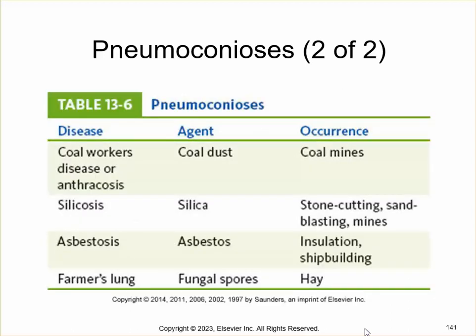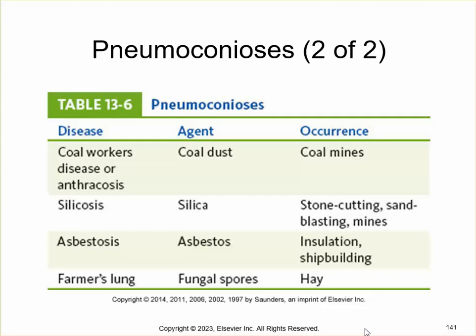So a lot of industrial lung diseases fall into this category. Pneumoconiosis. So anthracosis is breathing in coal dust, and people who work in coal mines get it.